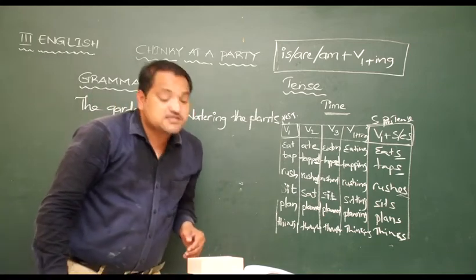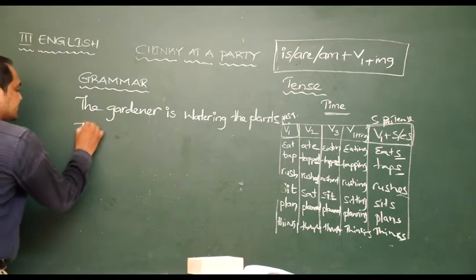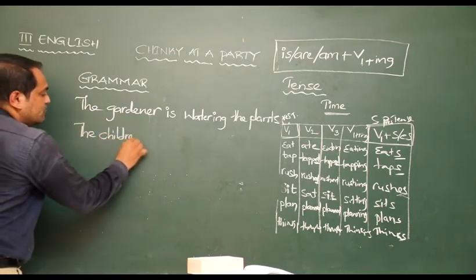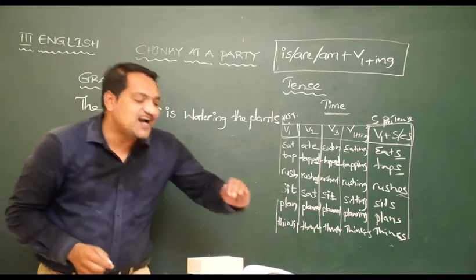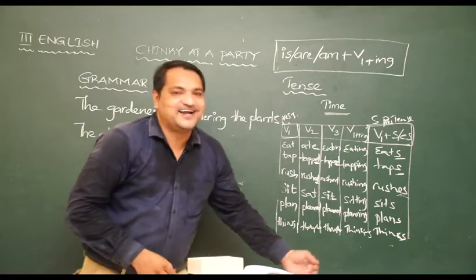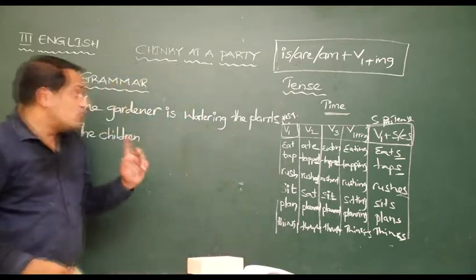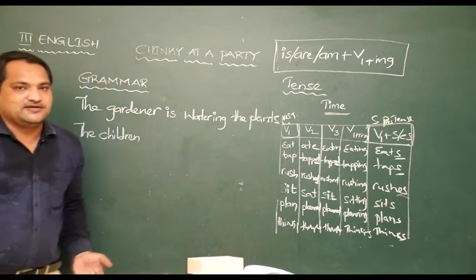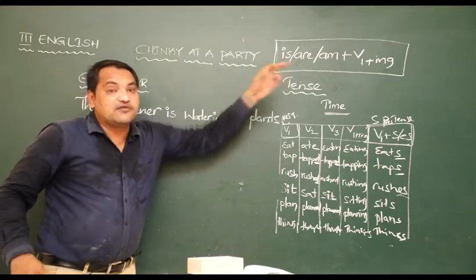The children swim in the pool every day. The children. If it is one, we say child, my little child. But if many, children. One means is. My child is pretty. But children are. Why?